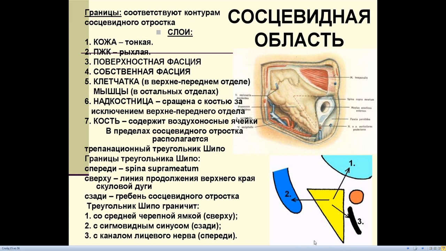Next, the main part of the vessels have very good anastomosis, have very good communications.